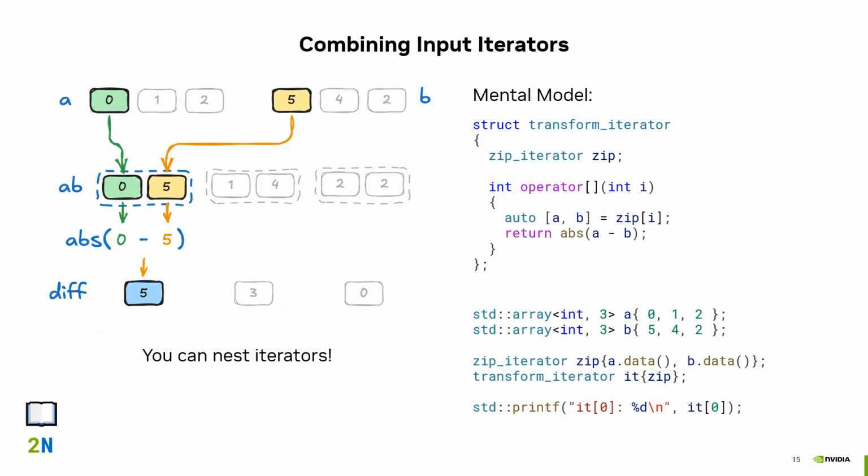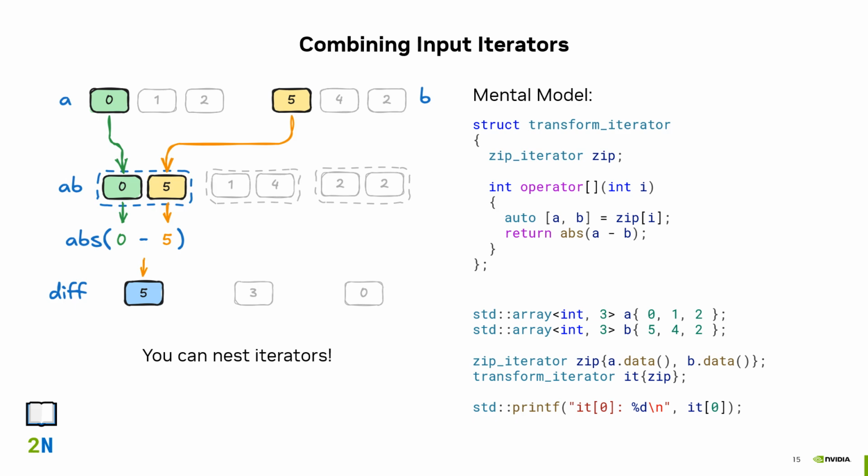The real power of these so-called fancy iterators shows up when we start combining them. For example, imagine a transform iterator that uses a zip iterator inside. Each time you call its subscript operator with index I, it first fetches 2 values, one from sequence A and one from sequence B, then computes their absolute difference and returns it.